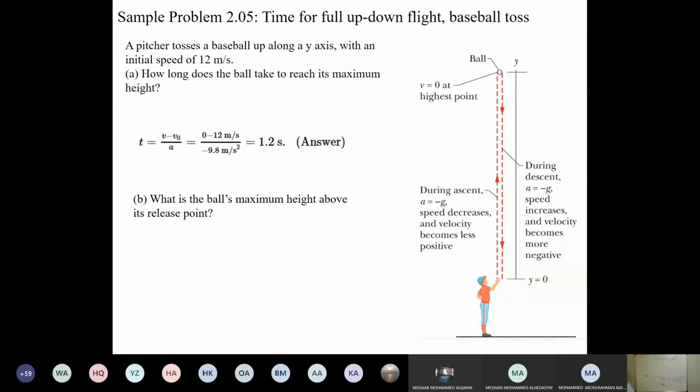We know that the object, since it is going upward, we need to determine that. It's not known. But the initial velocity is known, which is 12. The time we know by now, it's 1.2, minus half, 9.8, and again 1.2, and then you make it a square.